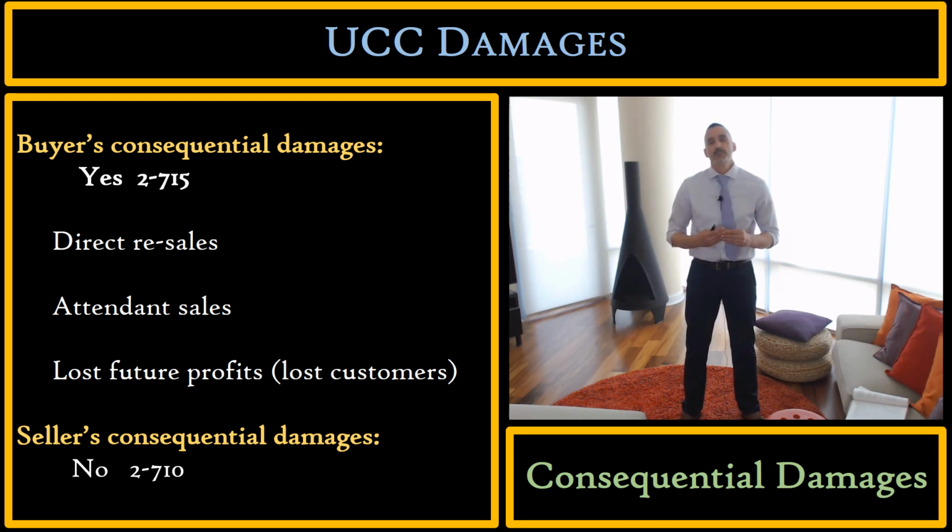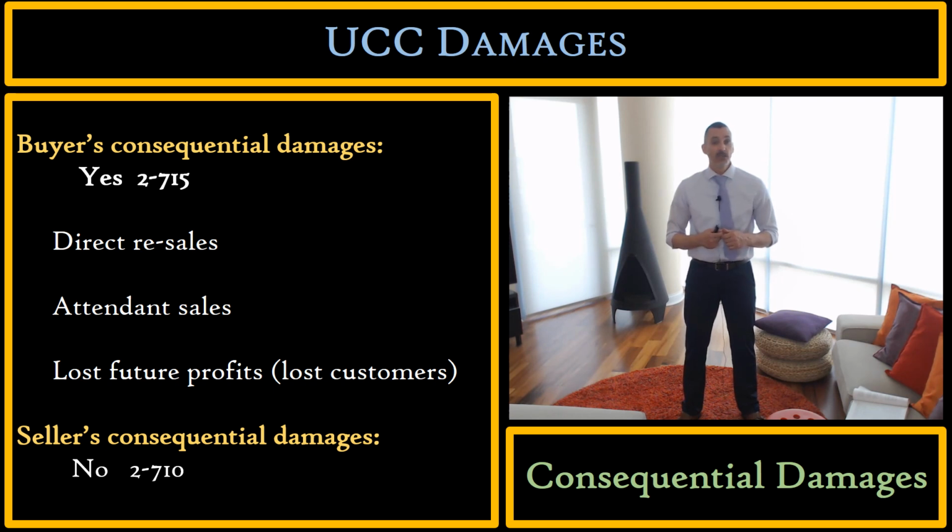We use those maxims to construe contract terms. Well, you can also use those maxims to construe legislative or statutory terms. So one of our maxims was the expression of one is the exclusion of the other. So if we look at how the UCC is drafted, the UCC expressly says that buyer is entitled to incidental and consequential damages.